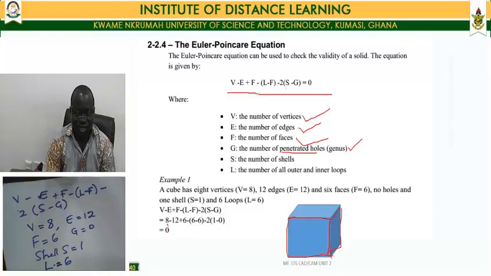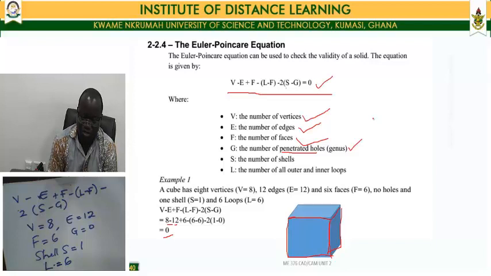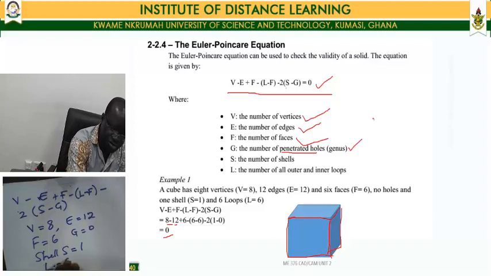Once we get the answer to be 0, we fulfill what Euler-Poincare is saying. It is very straightforward because a cube is a valid solid, and therefore the equation has proven that it's a valid solid.